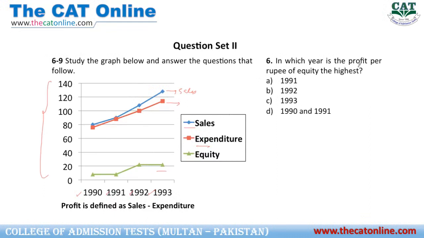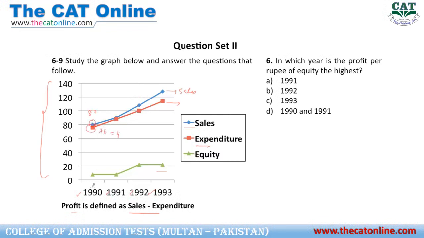In which year is the profit per rupee of equity the highest? Now profit is defined as sales minus expenditure. So what they want to ask us is, if I subtract this sales, which is 80 for this first year, minus this expenditure, which is about 76 for the first year, this gives me a profit of 4.